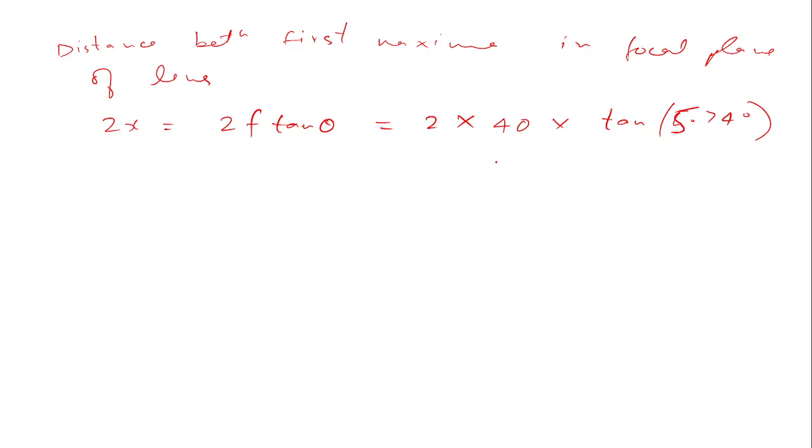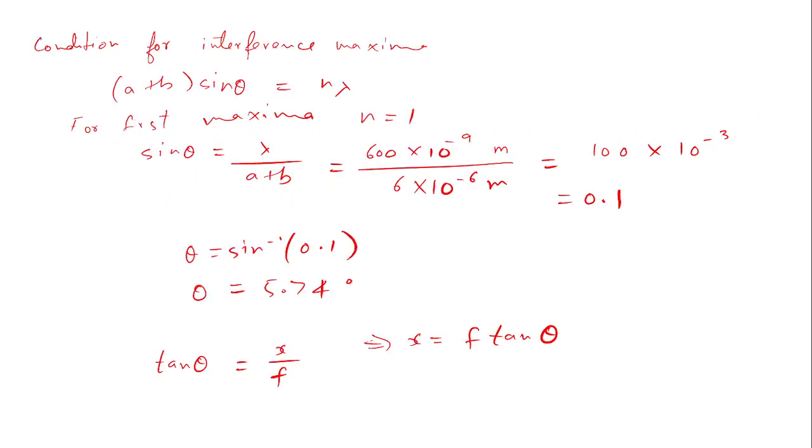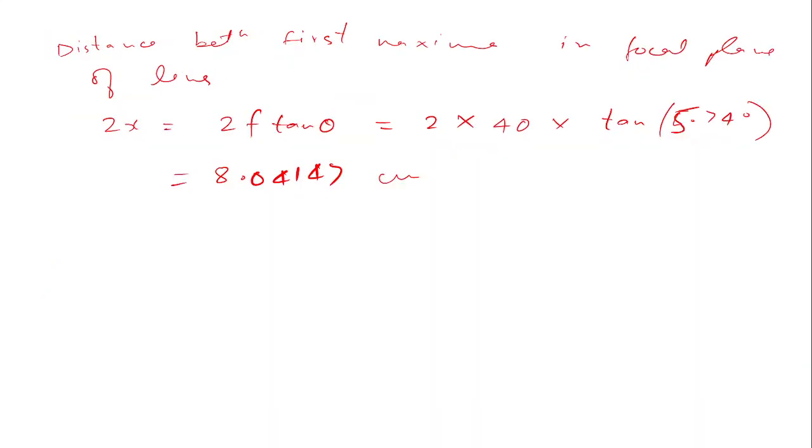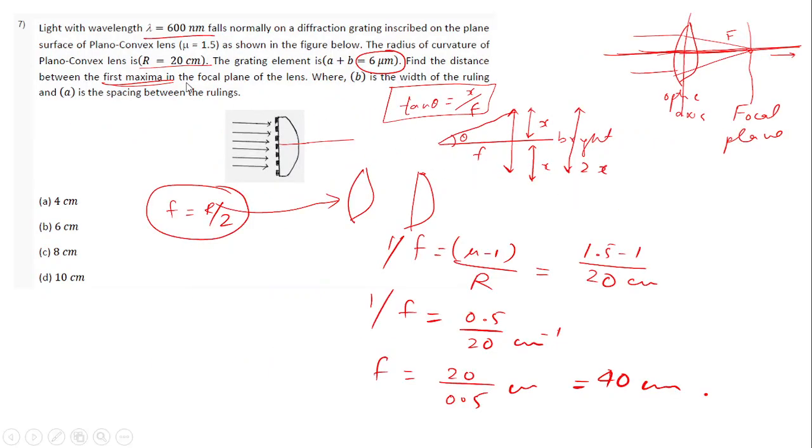When we calculate all this, we have 40 times 2 times tan of 5.74 degrees, which is 8.04147. It will be in centimeter, because the focal length here is in centimeter. So the correct answer will be 8 centimeter. Option C is correct.